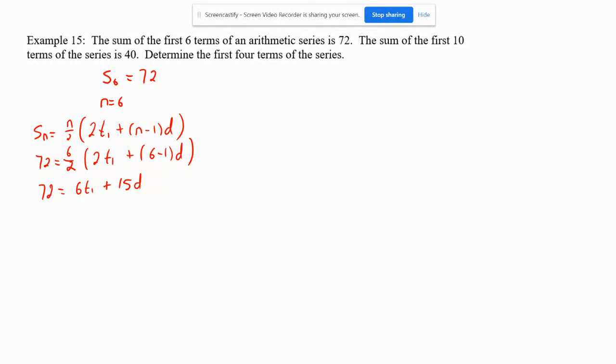Okay. We know that S10 is 40, and that means that n equals 10. So the same thing with this one over here.